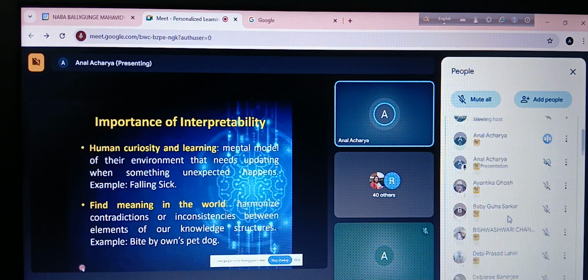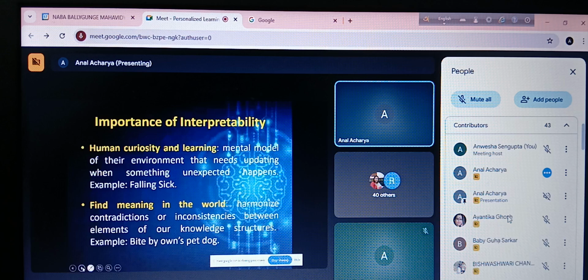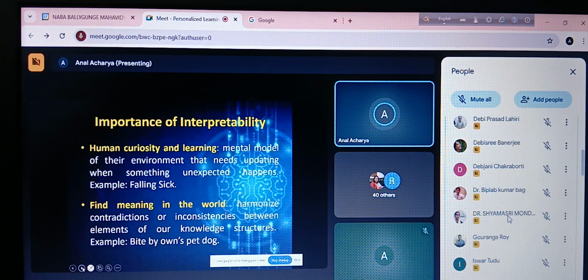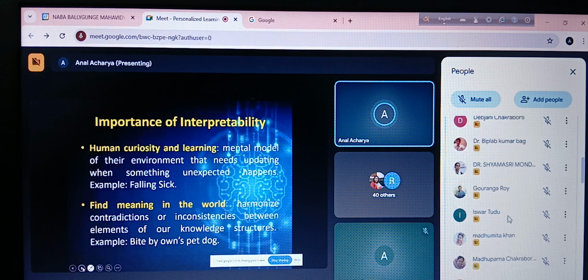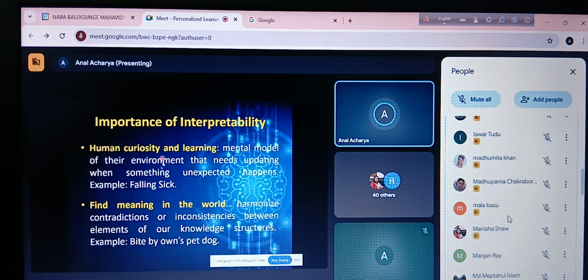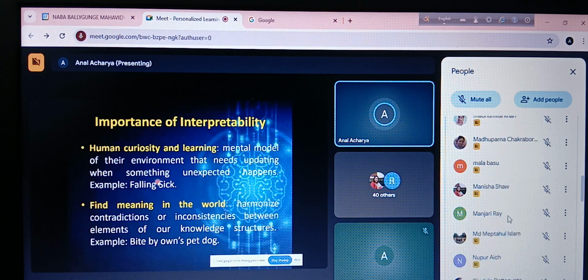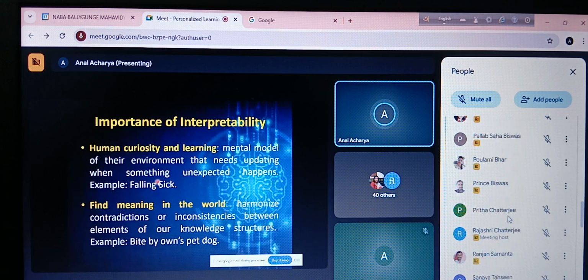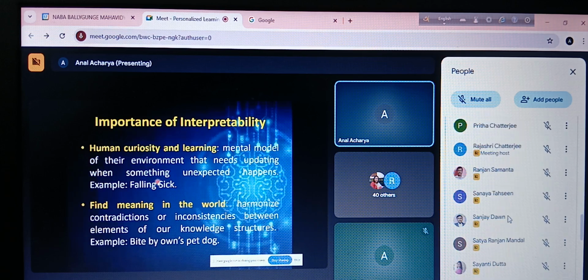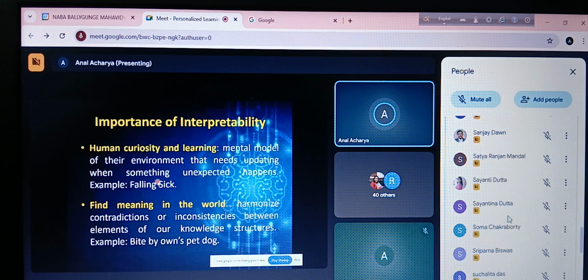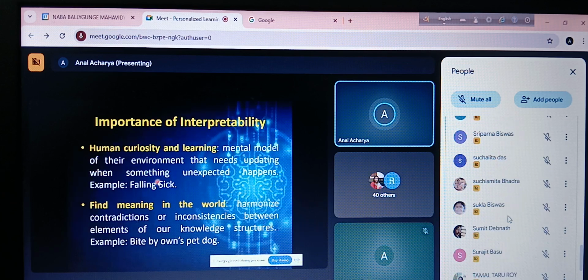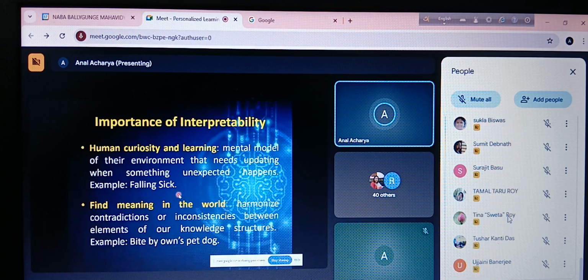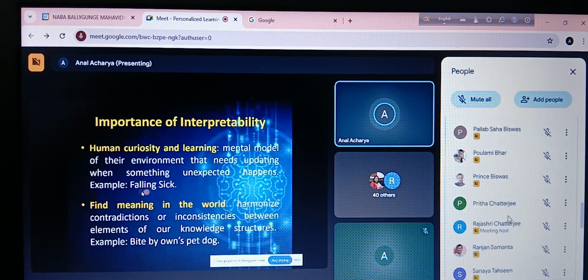So, the importance of interpretability. Why is interpretability actually required? The first one is human curiosity and learning. Whenever we see someone has made some decision, we try to make a mental model of why such a decision has been made. For example, let us suppose a person is having fever.